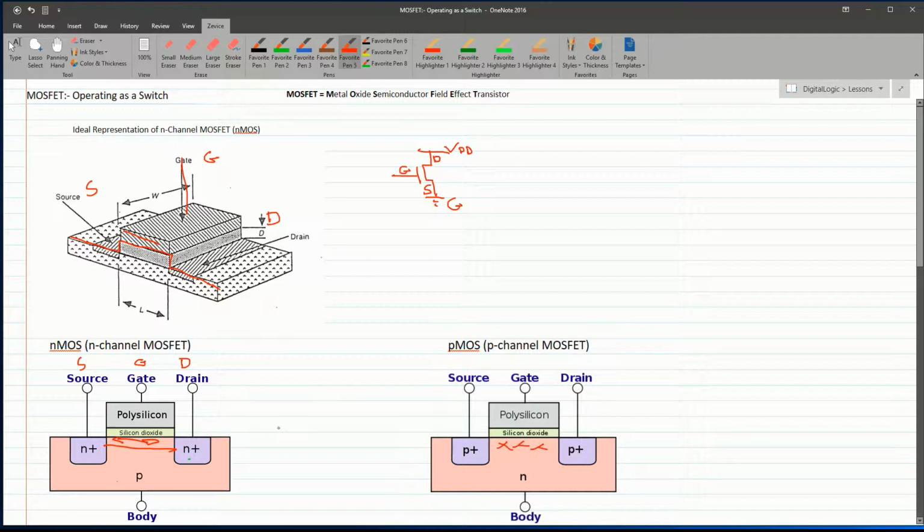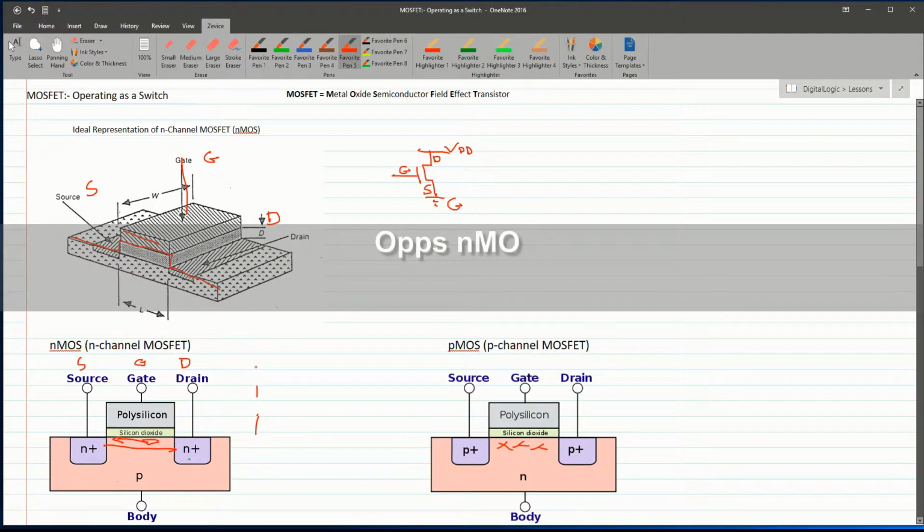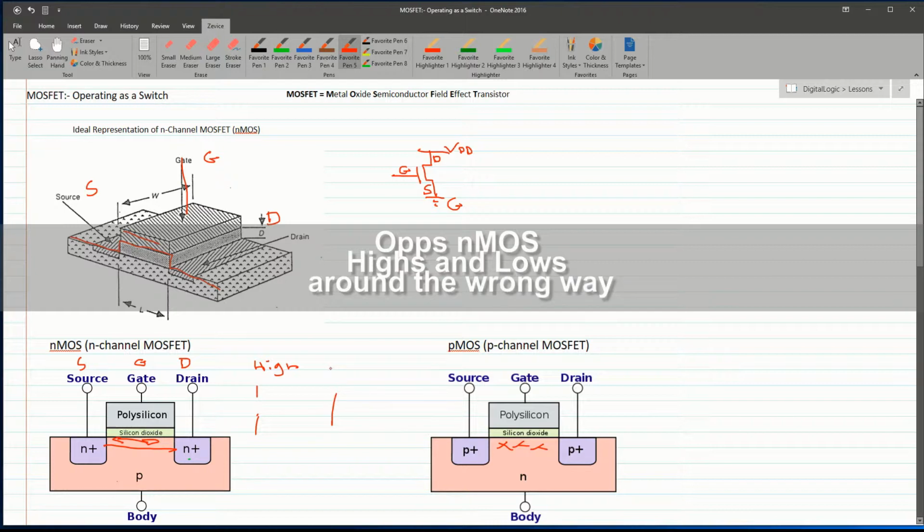So by its very nature, nMOS is off when there's a high voltage, and on when there's a low voltage.